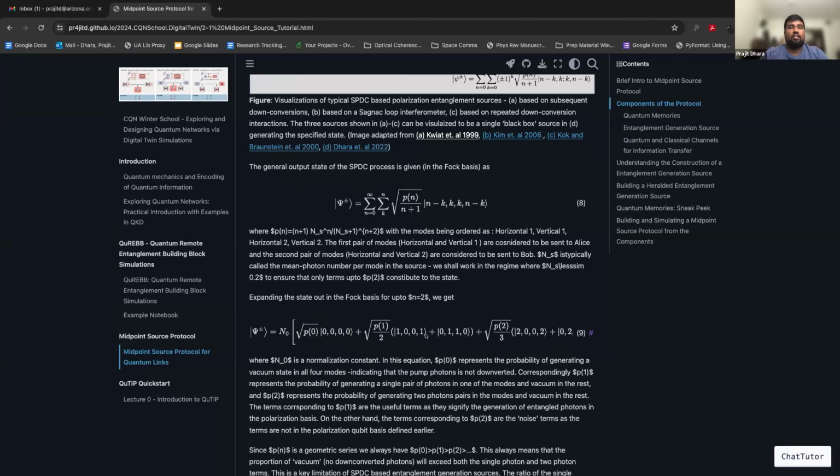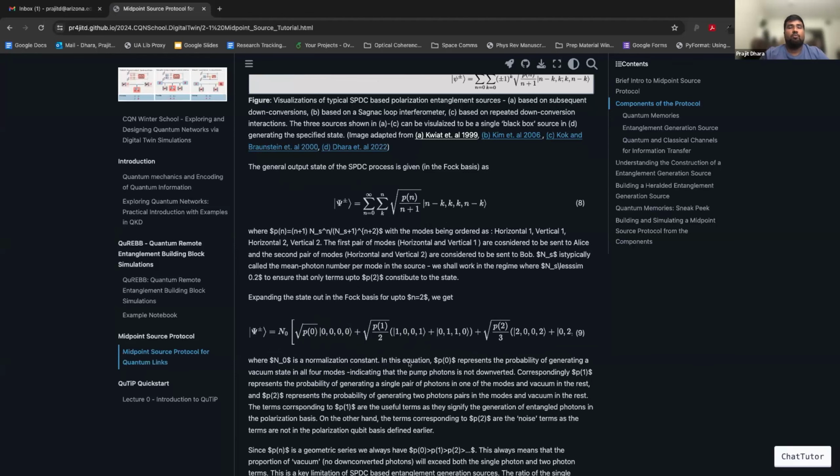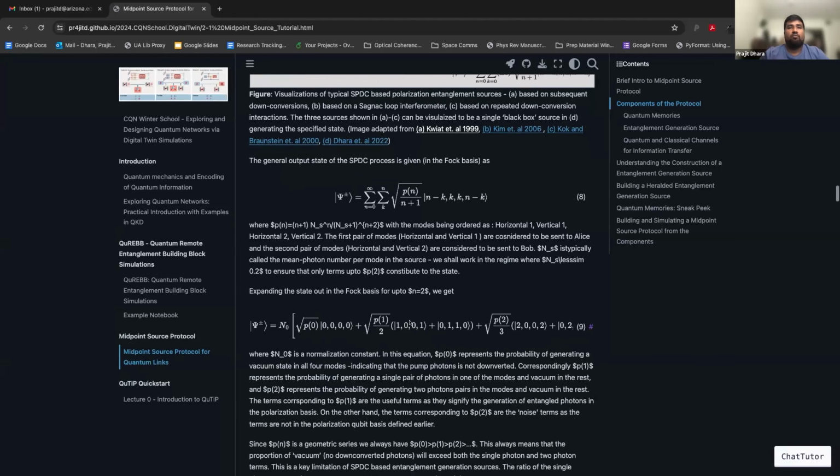Now the second term over here, the one with the P1, if I treat the 1, 0 and 0, 1 as qubit states, this is HV plus VH over square root of 2 with the probability P1. So with the probability P of 1, I am generating the Bell pair that I desire to get out of the state.